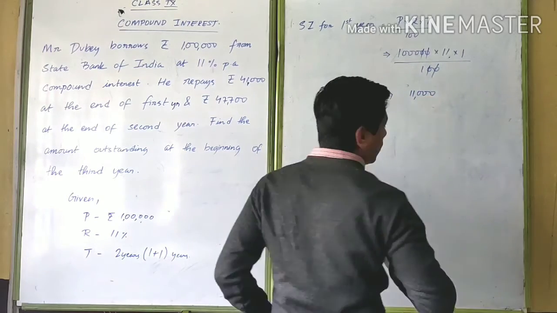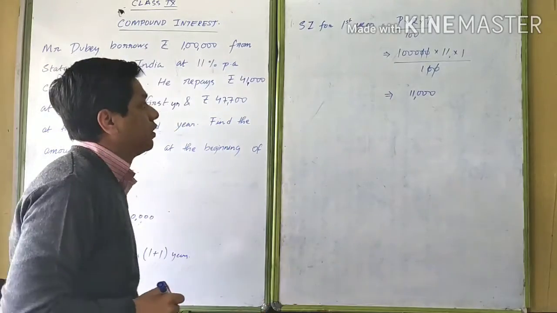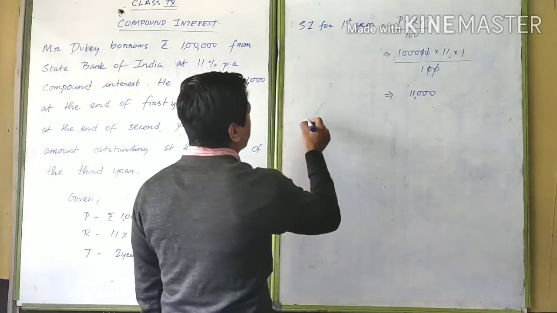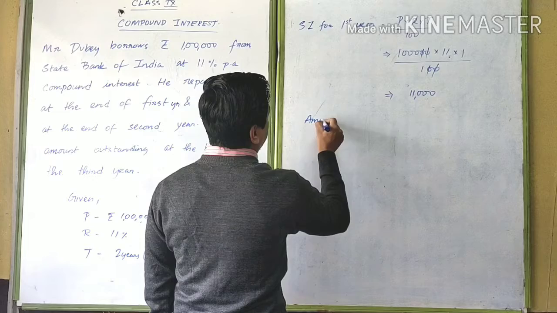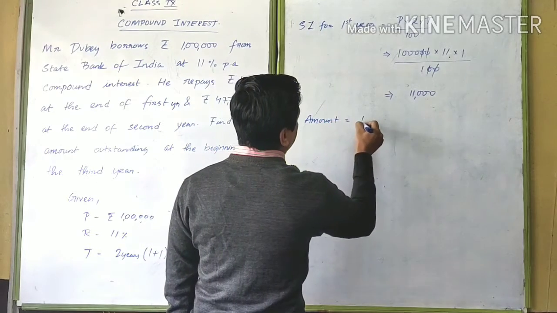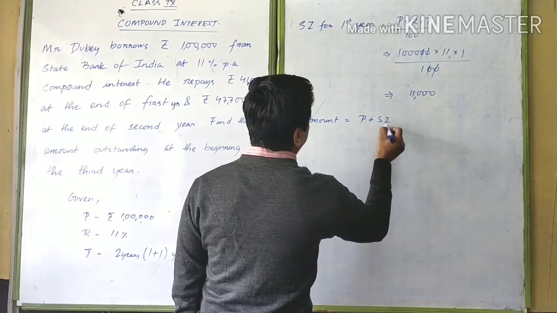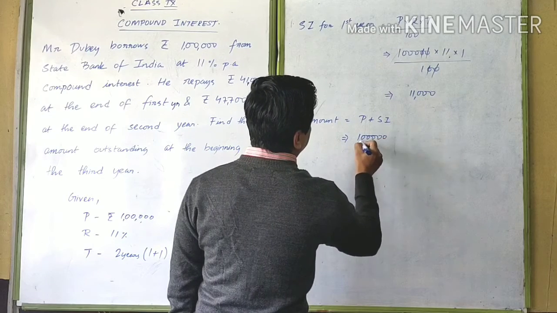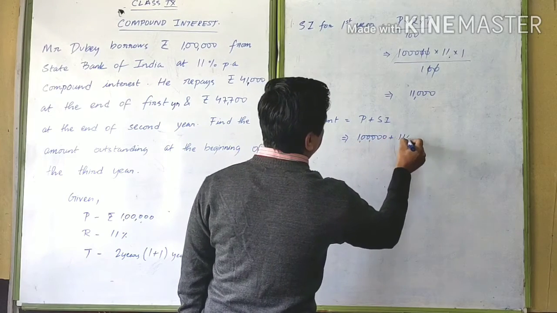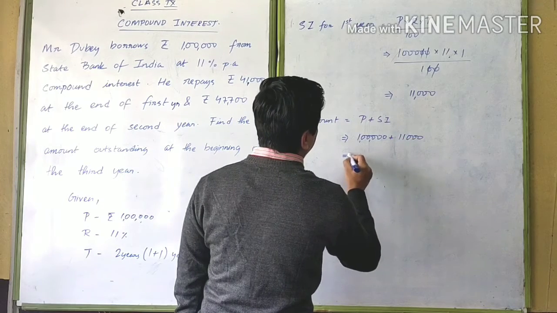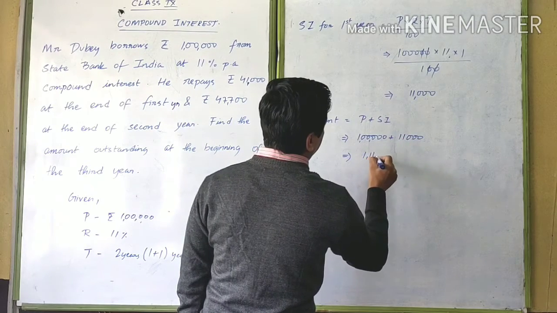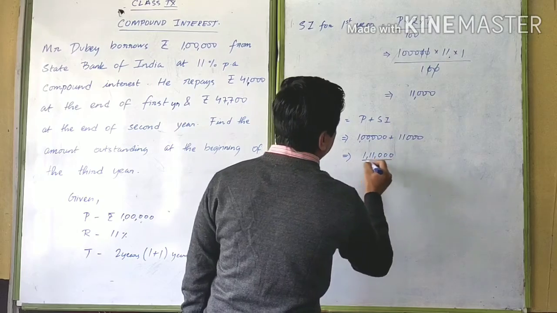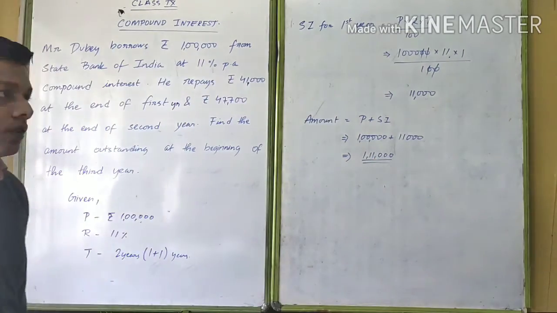So 11,000 is the SI for the first year. Now we will calculate the amount. Amount equals P plus SI. My P is 1 lakh, plus the simple interest is 11,000. So this is the amount at the end of the first year.